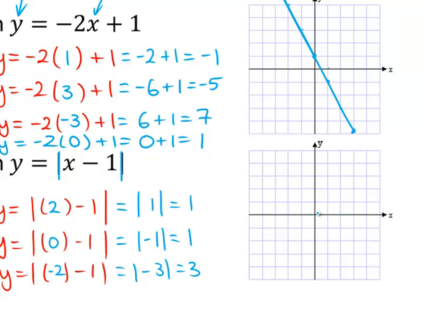So let's plot those points. 2, 1, 0, 1, negative 2, 3. Well, these don't really form a line. However, let's continue checking some more points. Maybe let's check at 1.